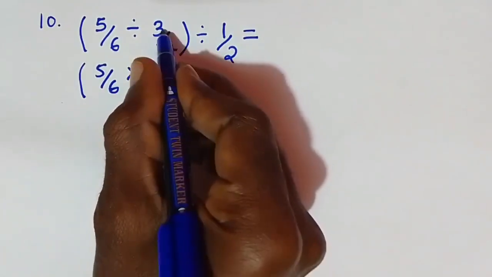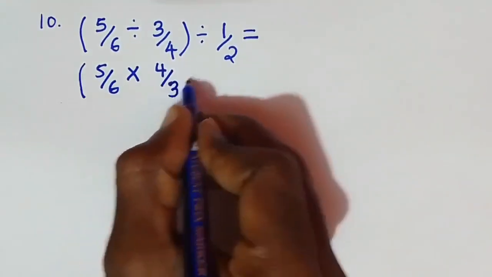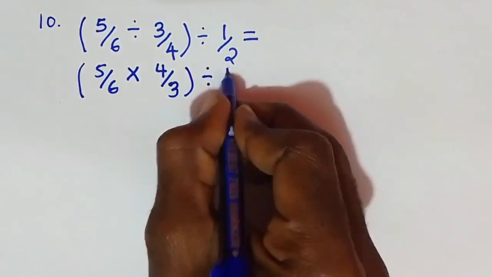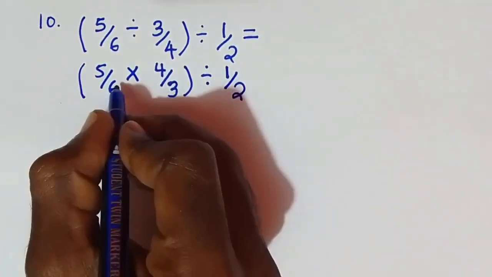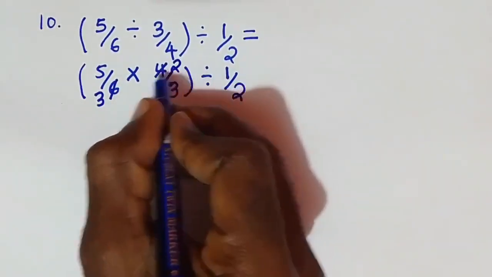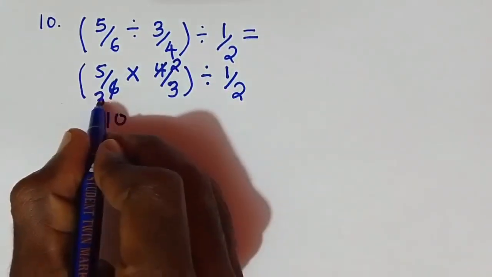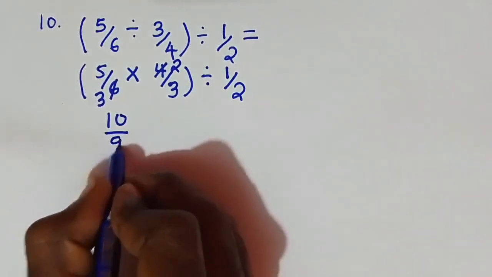That 4 will go up and 3 will come down. Divided by 1 over 2. Here we can simplify: 2 into 6, 3, 2 into 4, 2. 5 multiplied by 2, we get 10. 3 multiplied by 3, we get 9.